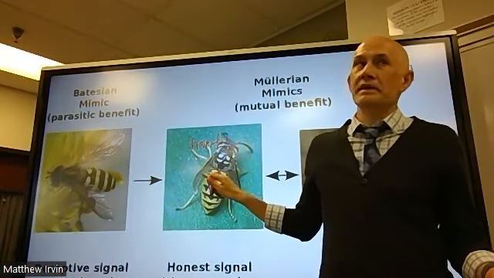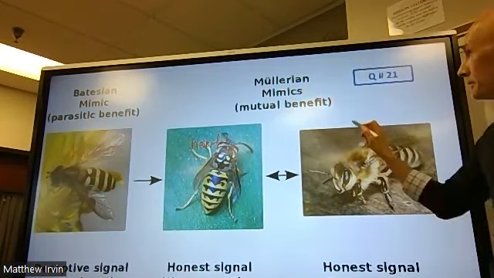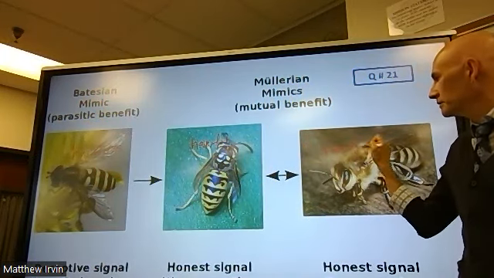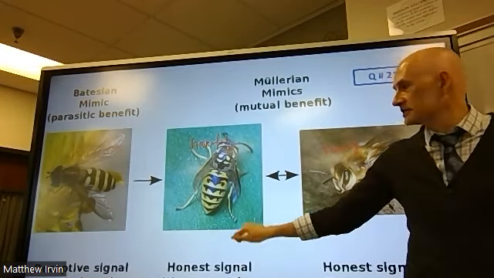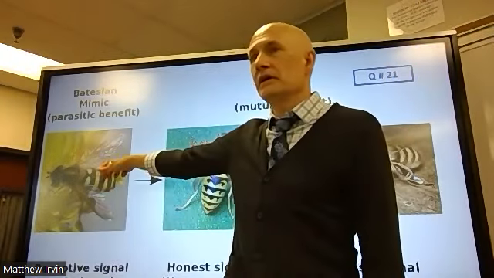So maybe that's more commensalism because it doesn't really do this any harm. But then Müllerian mimicry is that they're both harmful. So that is a positive reinforcement in that cycle. That's the mutual benefit. So that's what's called an honest signal because it can actually harm you, whereas a deceptive signal, it's not going to.